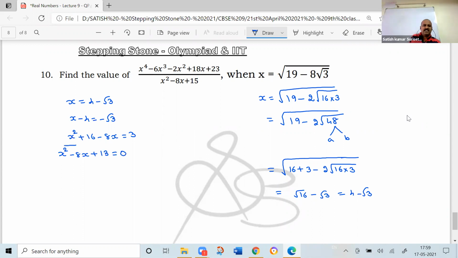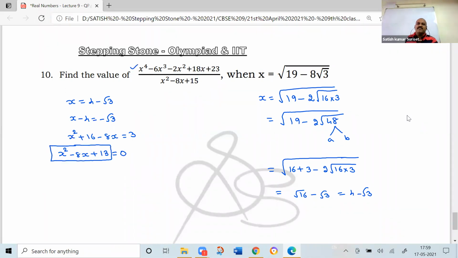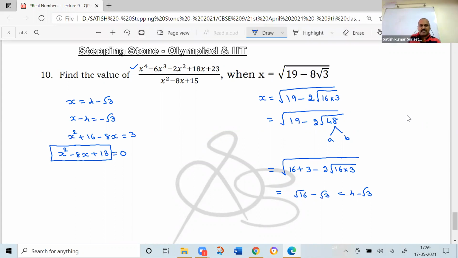Now using this x square minus 8x plus 13, you have to simplify the numerator portion. That means you divide the numerator with x square minus 8x plus 13 and apply the division algorithm. So dividend equals divisor into quotient plus remainder. So apply the ordinary division method. I think all of you know how to divide.